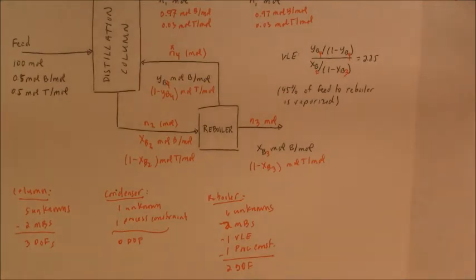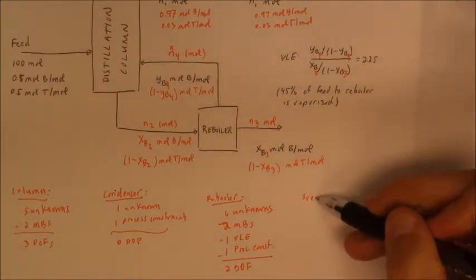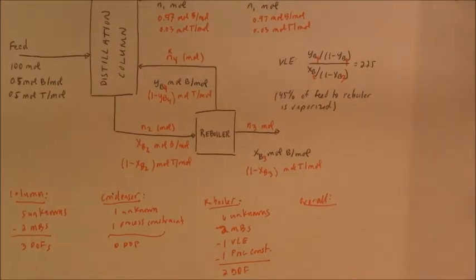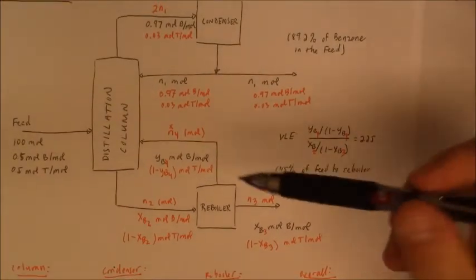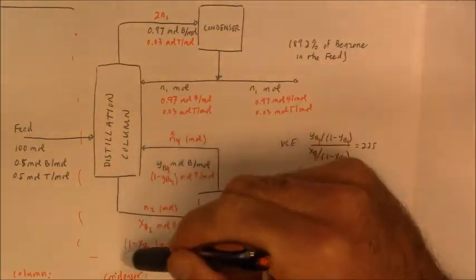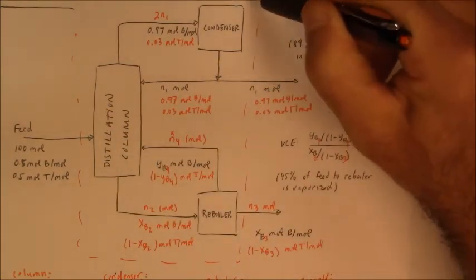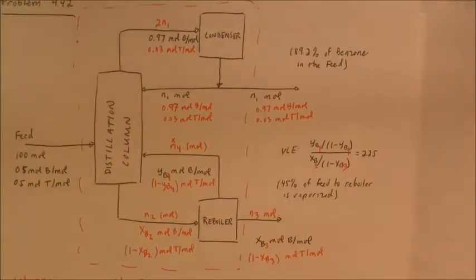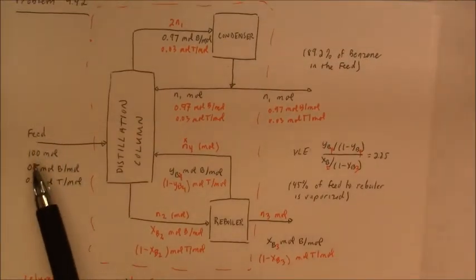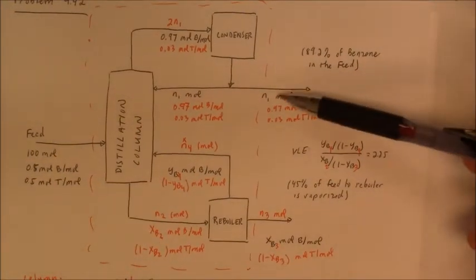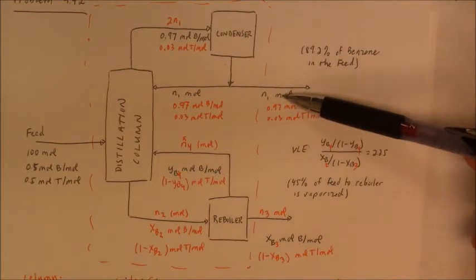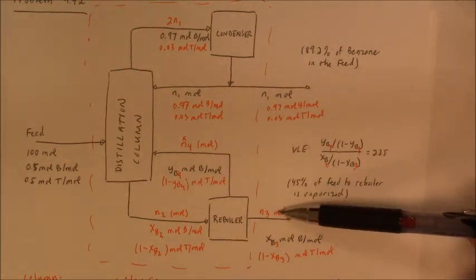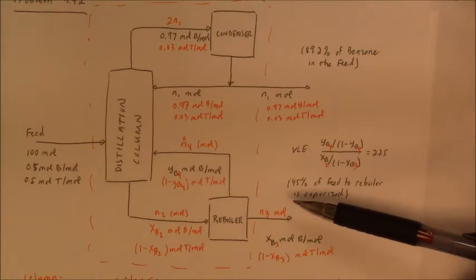Okay, so let's not forget the overall process. So we can do overall, and again, the overall degrees of freedom, we would be looking at the whole process. So entering is fully defined. Exiting, we have 1 unknown. Exiting down at the bottom, we also have 2 unknowns.